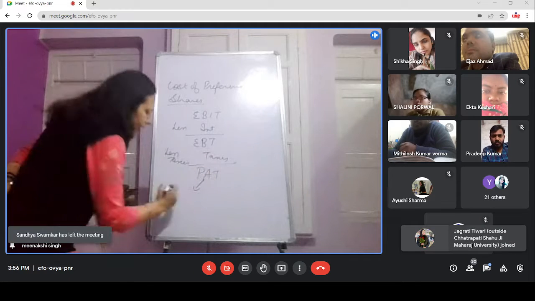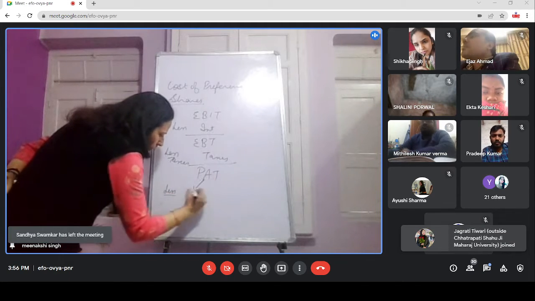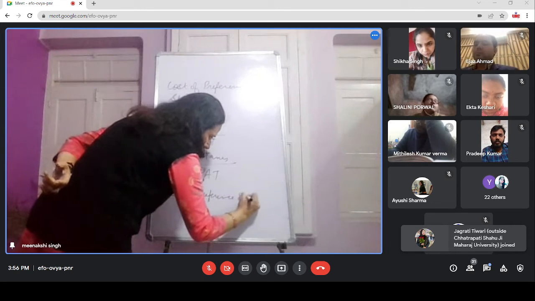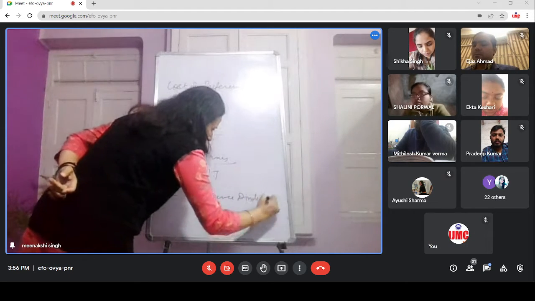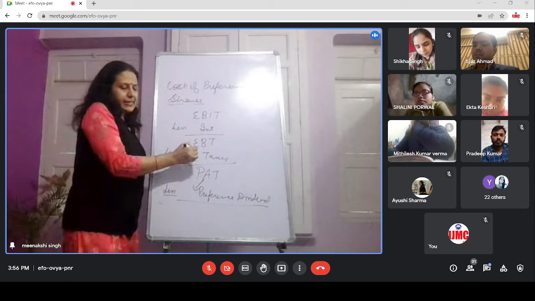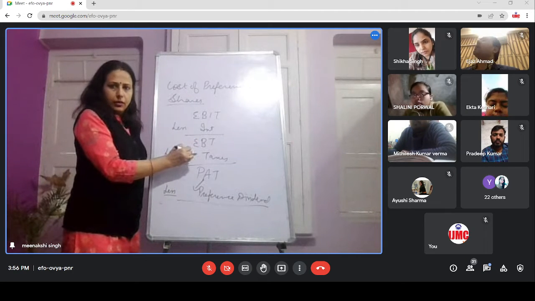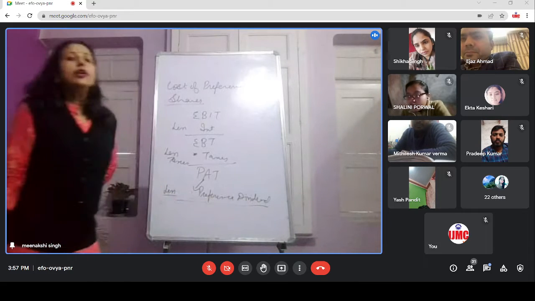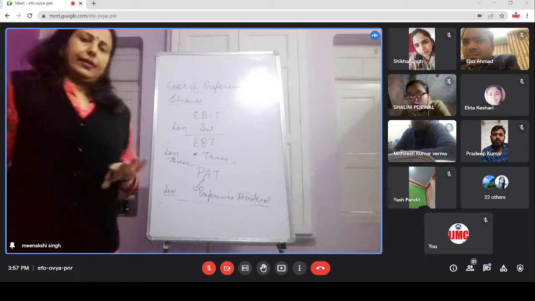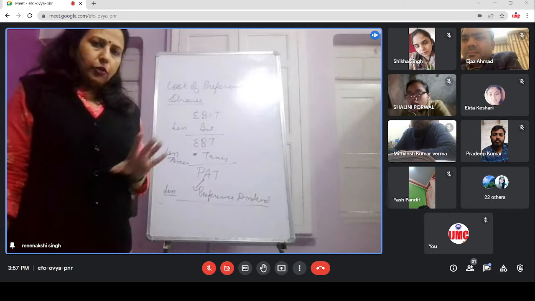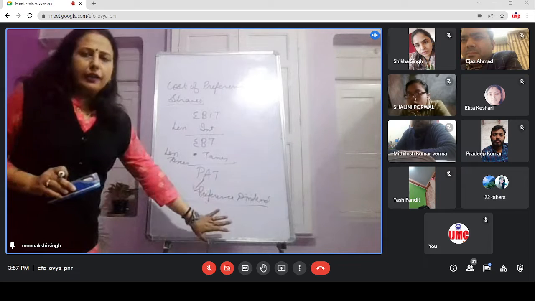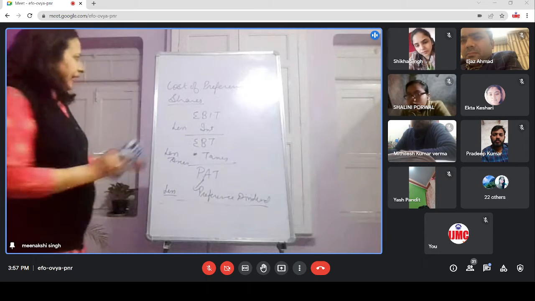So in the PAT, the first deduction will be the preference dividend. Taxes have already been paid, so whatever preference dividend we pay is after tax. There is no formulation for preference to compute it after tax. It is understood that it is paid after the payment of the taxes.